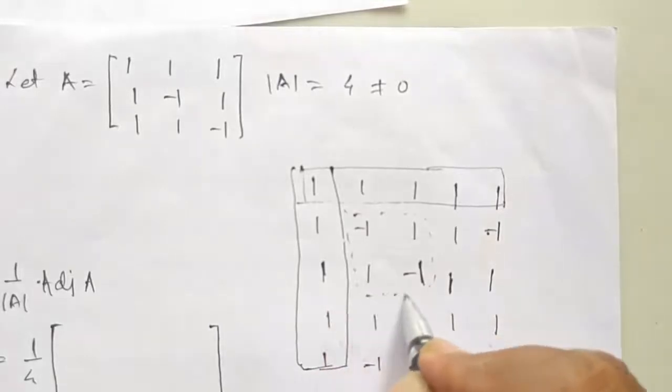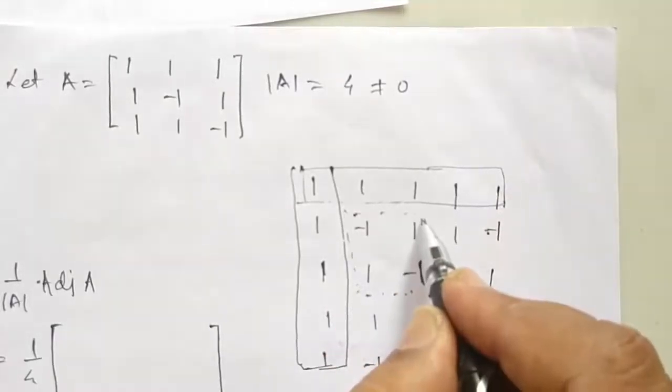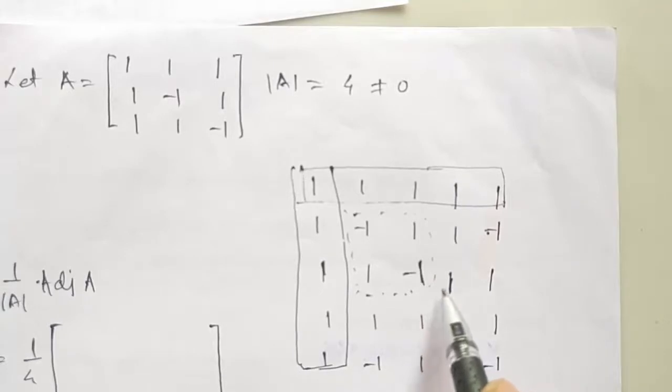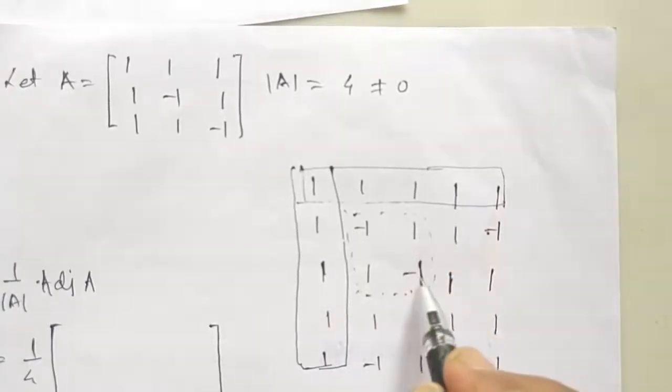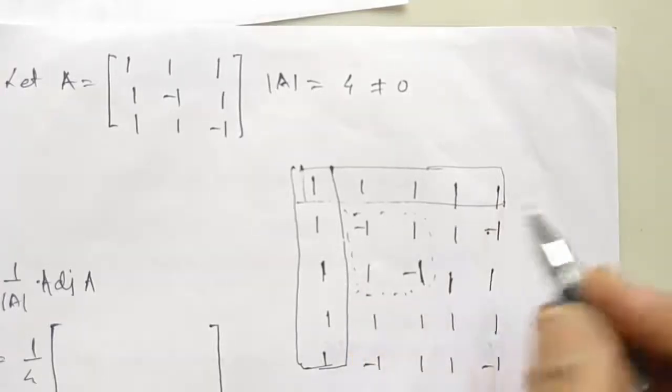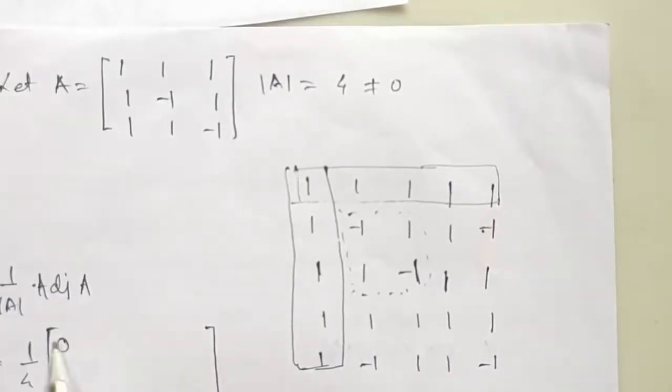For a second order determinant we normally take left to right and subtract right to left. But in this shortcut method, we start from the bottom, that is right to left, and subtract left to right, that is minus 1 into minus 1 becomes 1, and 1 minus 1 becomes 0. So the first element is 0. We go column wise and write row wise.